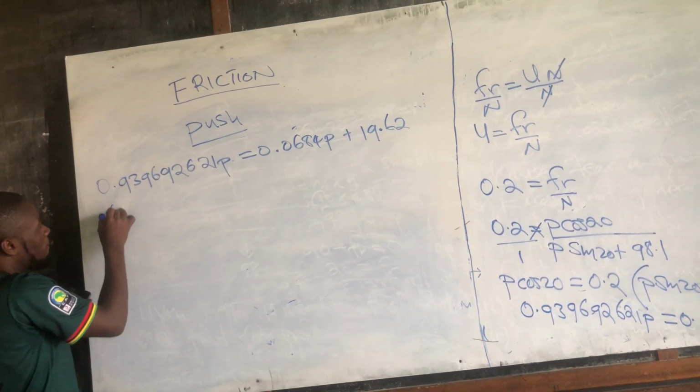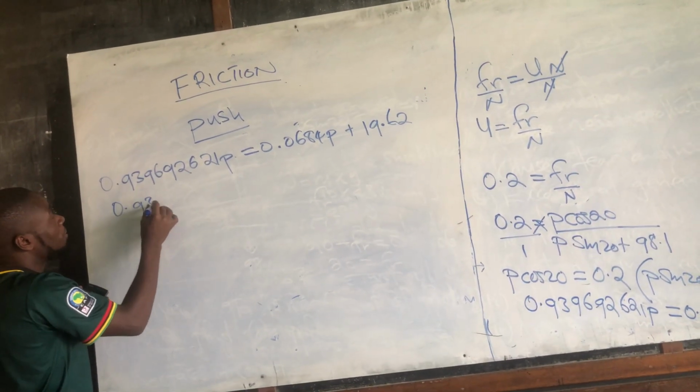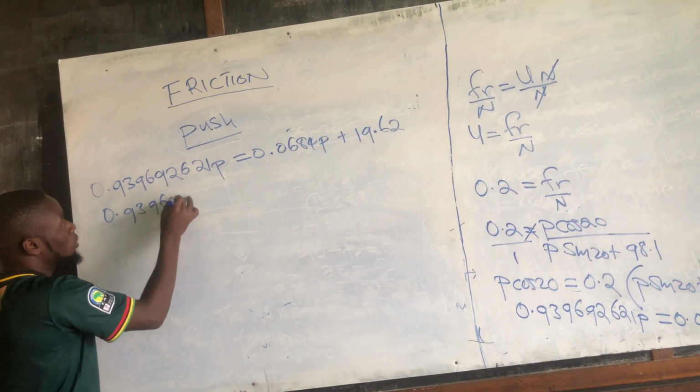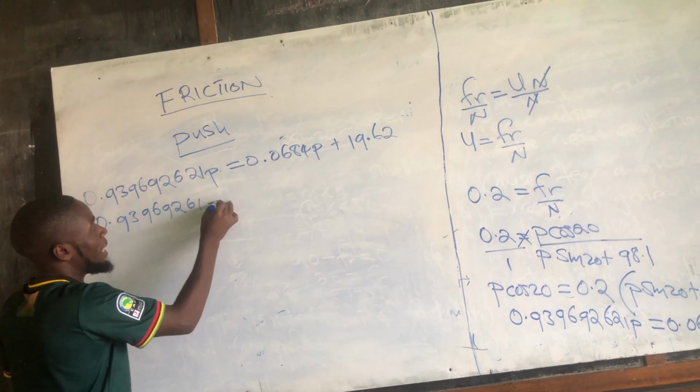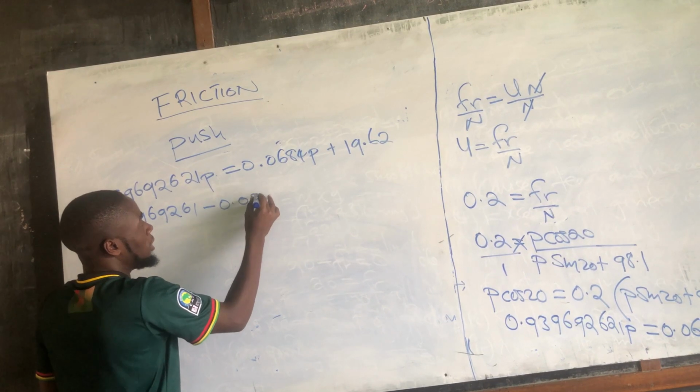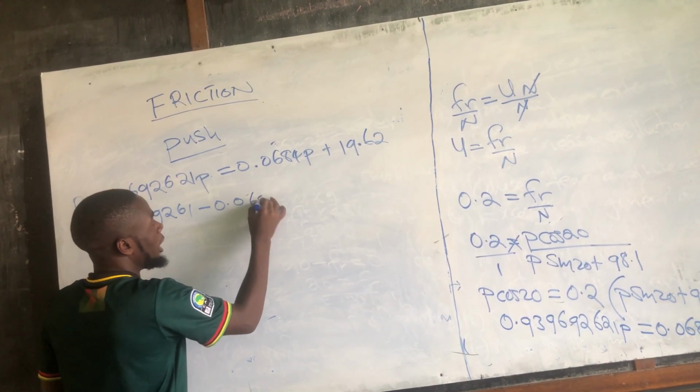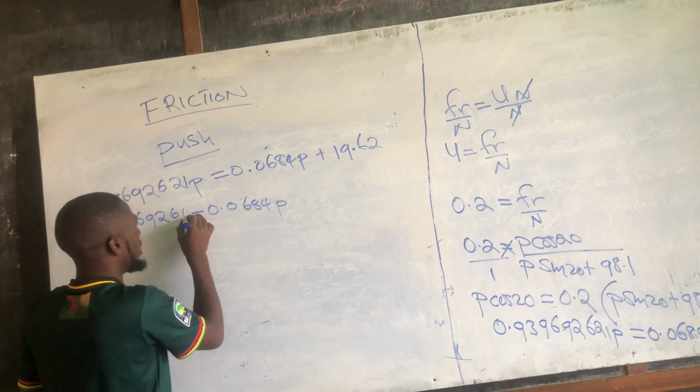So it will be 0.93969261p minus 0.0684p. Okay, there's p here.